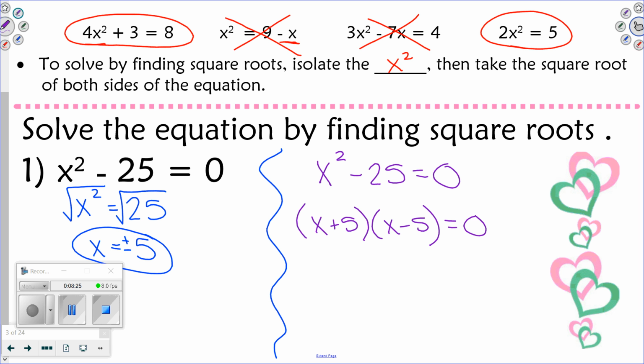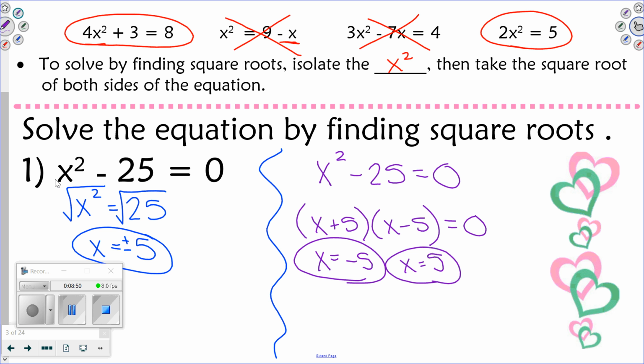So it factors. So then what would x equal here? Negative 5. And here x equals positive 5. So I solved the same problem two different ways and I got the same answer. What does that mean? It's correct, for one, right? It's correct. And it also means that it is okay to solve in more than one method.